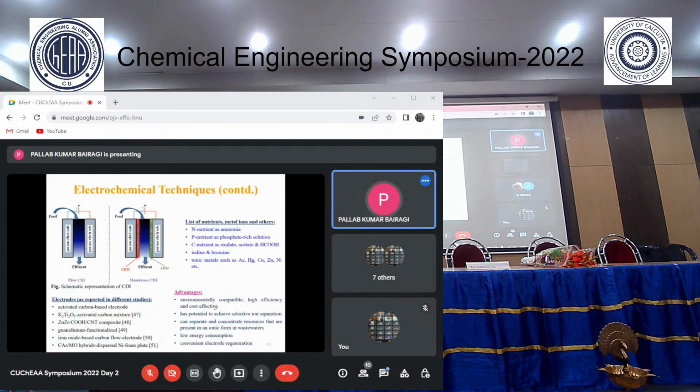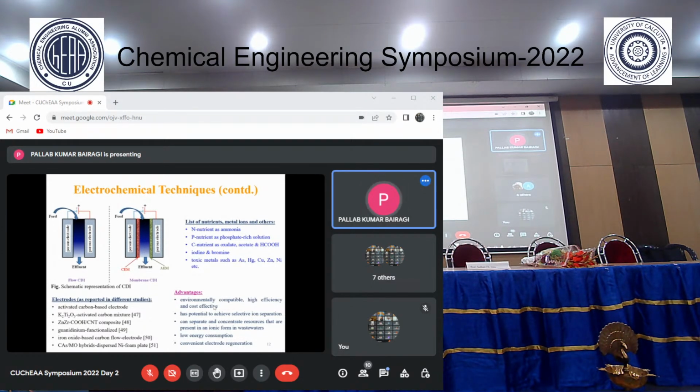Among the different types of electrochemical technique, capacitive deionization is gaining importance in the wastewater treatment sector for the desalination and softening of water by removing charged particles. Ions and charged particles present in a wastewater stream can be separated by generating an electric field between two closely assembled electrodes.